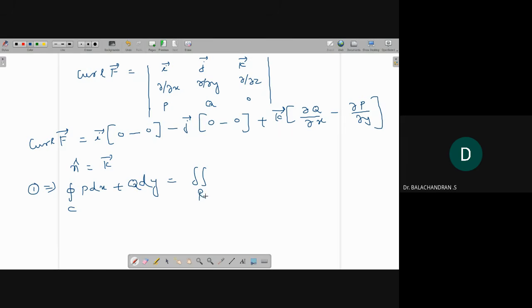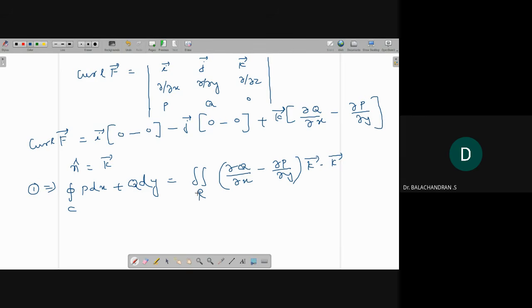Right hand side of equation 1 is double integral curl of f vector. Curl of f vector is dou q by dou x minus dou p by dou y into k vector dot n cap. N cap is also k vector into ds.